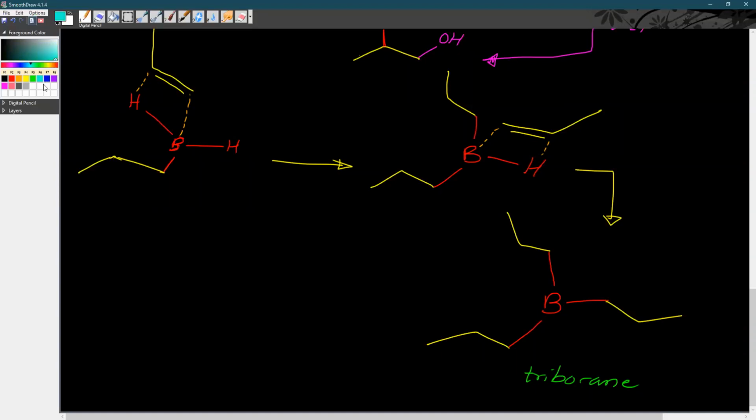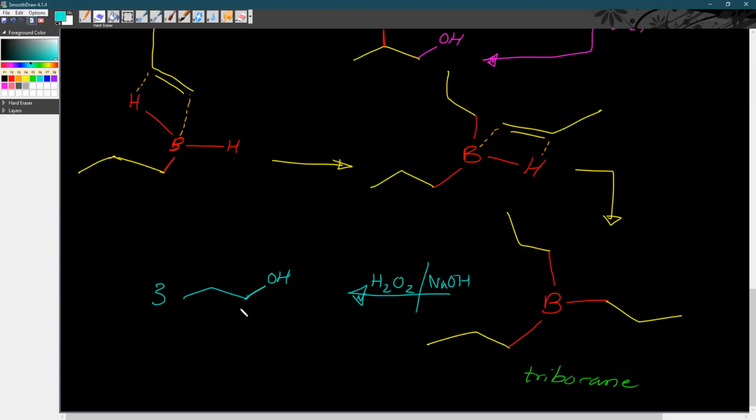Now, as soon as you give it that H2O2 and NaOH, as soon as after 30 years you're like, oh yeah, I should probably react this finally, what happens is that you get 3 of the alcohol that we expect.